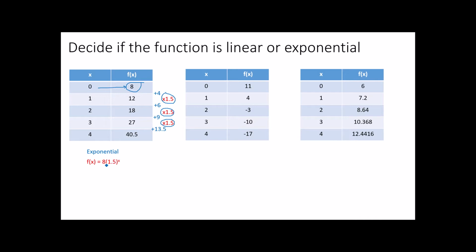You see, that's what this says. This says you start off with an 8, and you multiply by 1.5 over and over again. Remember, the definition of exponent is repeated multiplication.